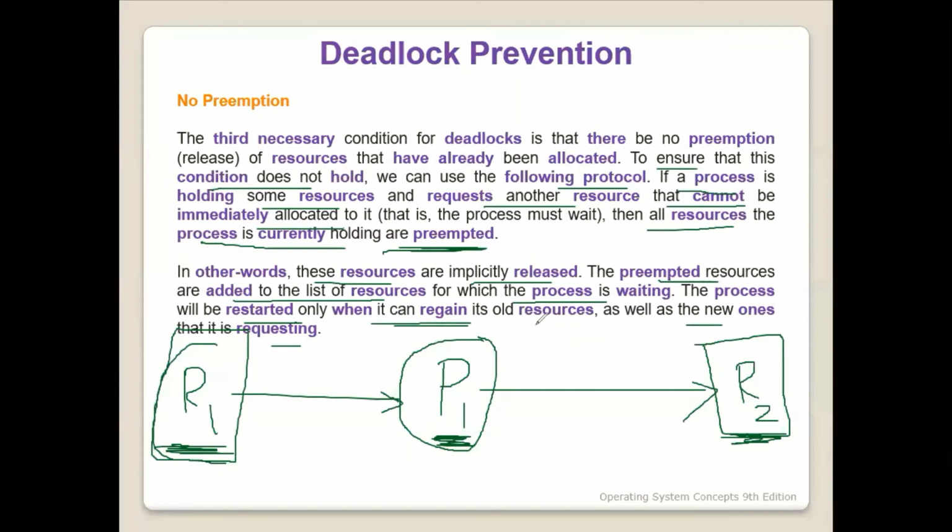So when you have this protocol, you can surely avoid deadlocks. The deadlock situation will not happen if we have this protocol. The protocol is: when a process requests a resource, if it can be assigned immediately, fine.